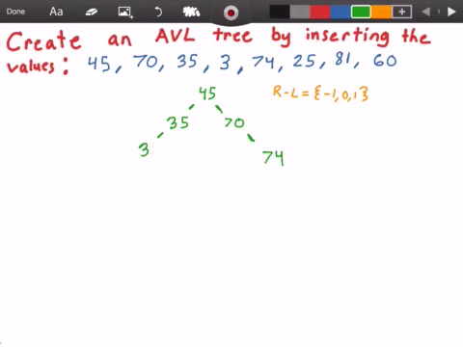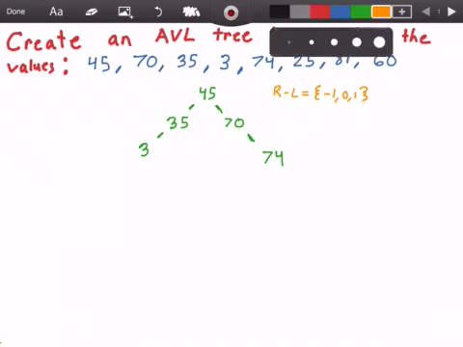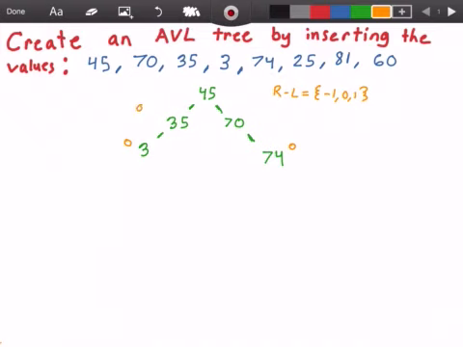Okay. Now we need to check again the balance factor of our tree. So 74 has a balance factor of 0 and 3 has a balance factor of 0 because both of their subtrees are null. 35 has a balance factor of 0, its left subtree, minus 0 is its right subtree, minus 1, which is its left subtree.